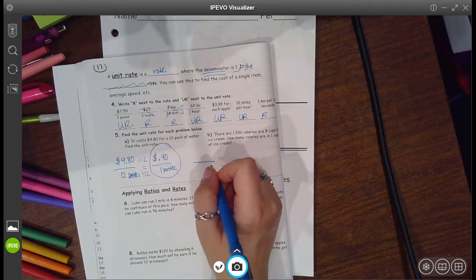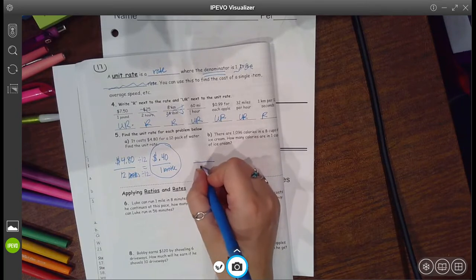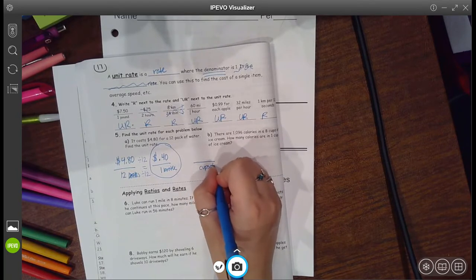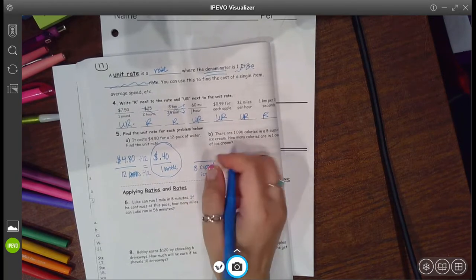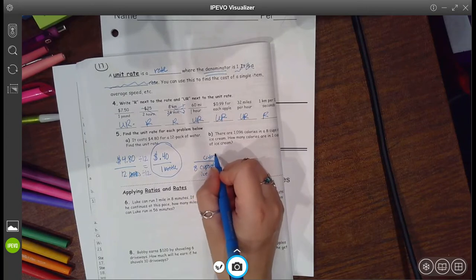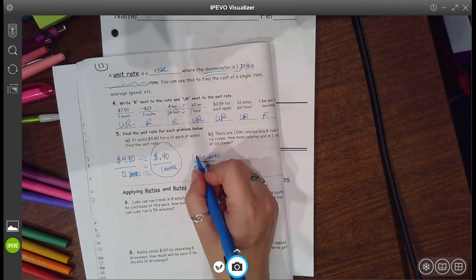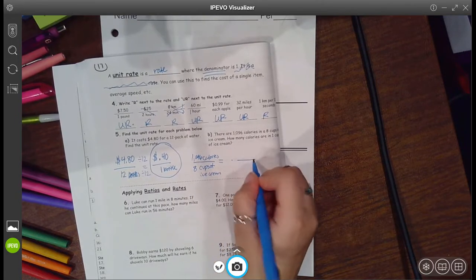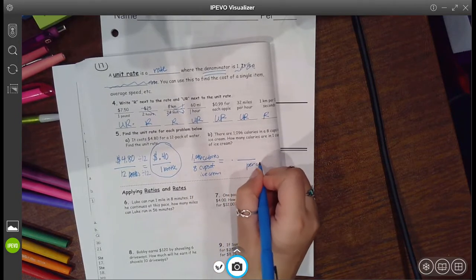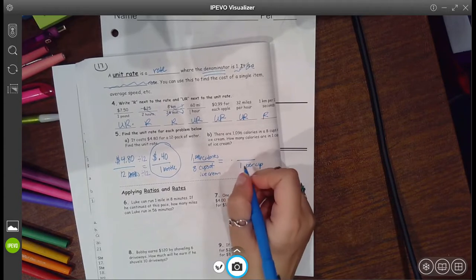They gave me the hint of what goes where. There's 8 cups of ice cream, and how many calories for that? There is 1,096. So if I want the cups of ice cream to become 1, how many per 1 cup?